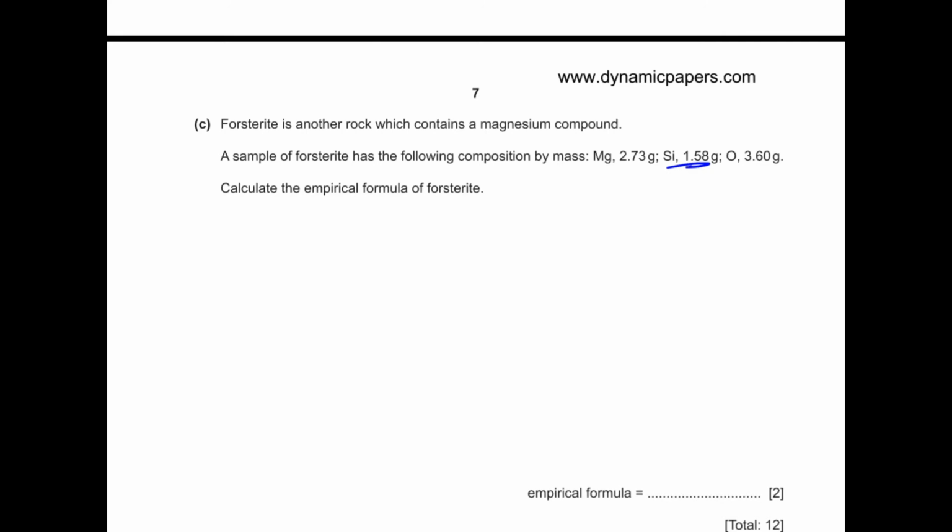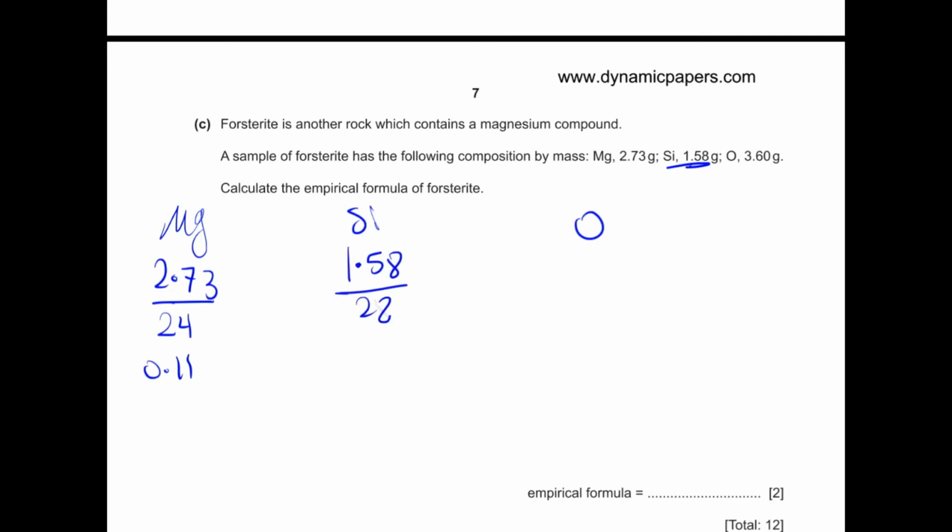So the first thing we're gonna do is to calculate the moles of each atom. For magnesium, we have 2.73 grams divided by the molar mass, which is 24, that gives us 0.11. And for silicon we have 1.58 and the molar mass is 28.